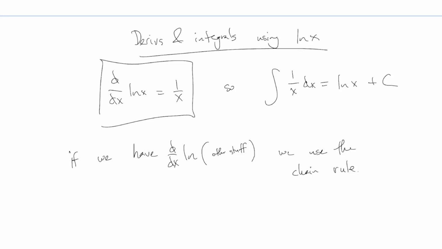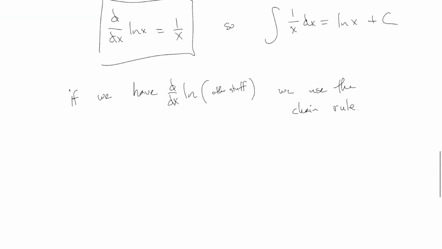I got a few examples, but generally speaking, if you're in the mood to memorize formulas, how does the chain rule work itself out in this situation? If you have the derivative of ln of some other stuff, which I'll call g of x, what is that? The chain rule, I hope everybody remembers, means you do the derivative of the outside part first, keeping the same thing inside, and then you multiply by the derivative of the inside.